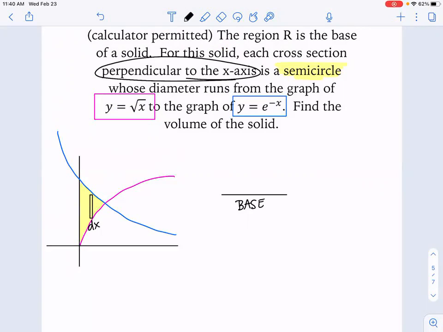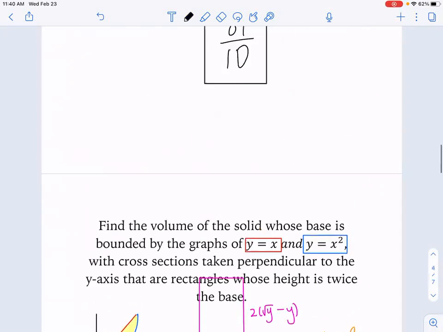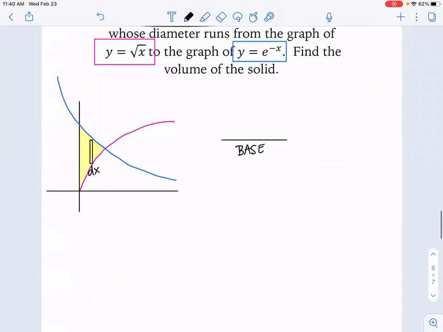Okay, I need you to be able to use your calculator to find that intersection point because it's not going to be something we can solve for without a calculator. So that is what we're gonna need out of this right here, okay?